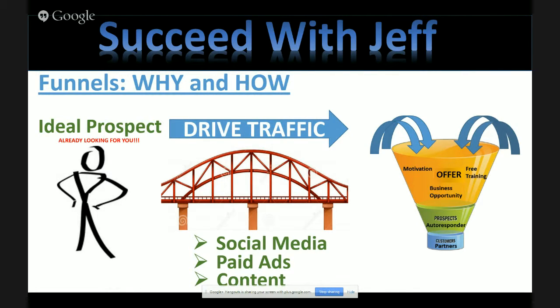Social media is pretty self-explanatory. It's Facebook, Twitter, Instagram, Pinterest, any of those social media platforms. Periscope now is one that's getting a lot of attention. Those are the main social media platforms today.